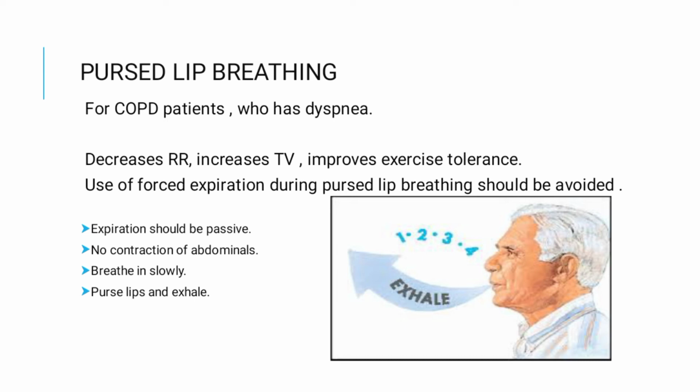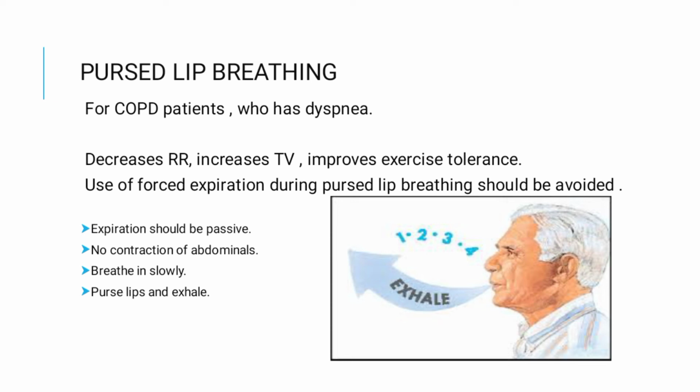In obstructive conditions there is a problem with expiration. Usually when you take the air inside and when you expire, there is a normal constriction of your airway during expiration. So when you have this obstructive condition, air will find it difficult to escape through the narrowed airway.